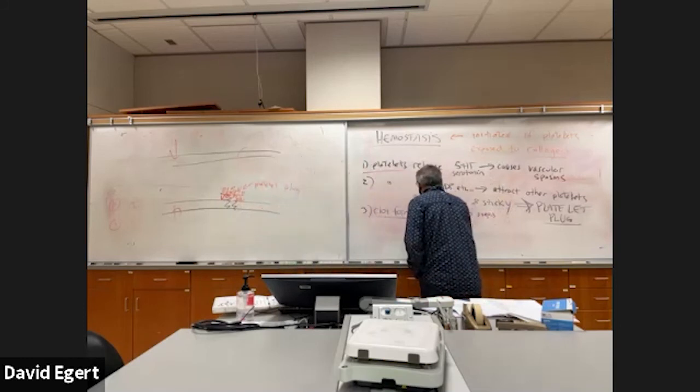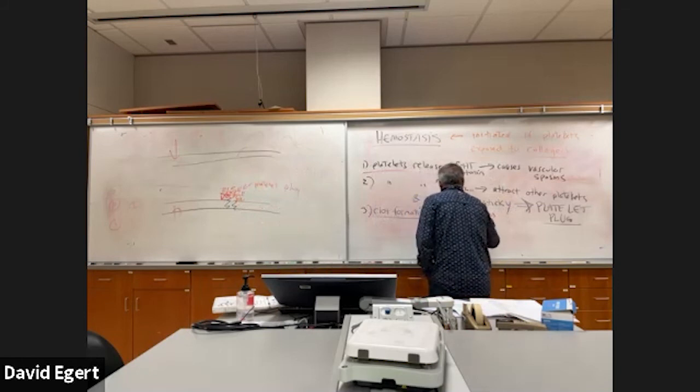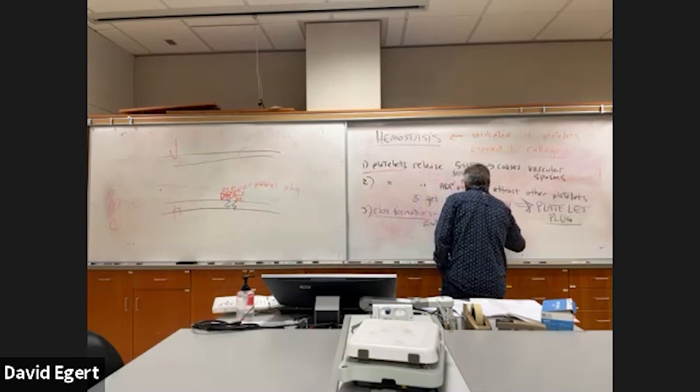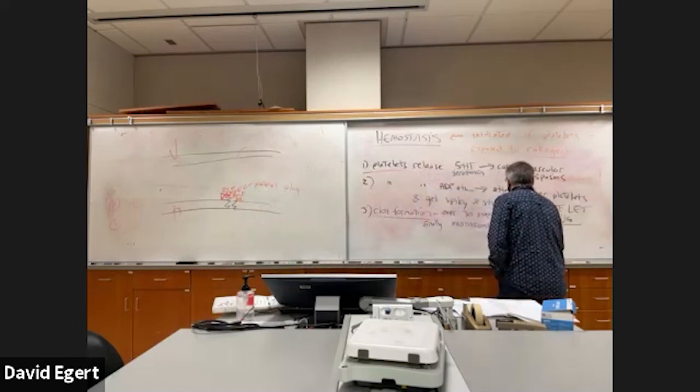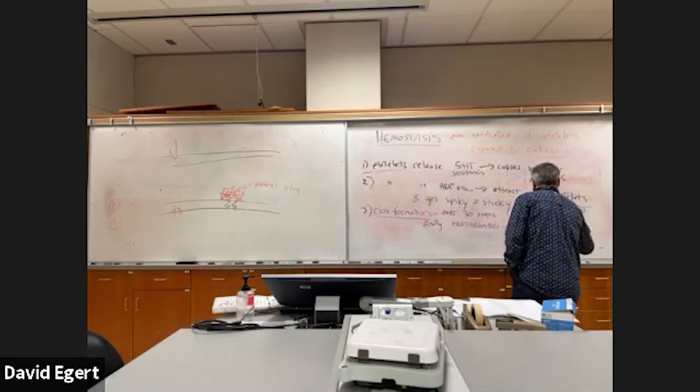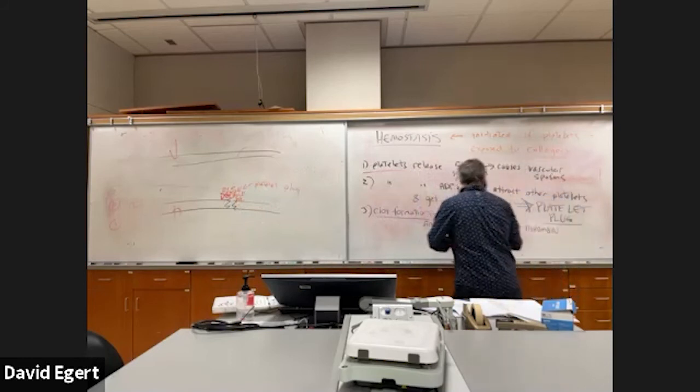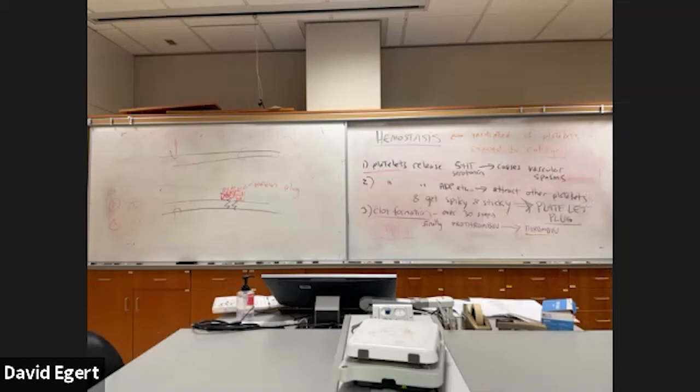So finally, the thrombin, and then thrombin is actually a catalyst that converts another plasma protein called fibrinogen, which is soluble, into fibrin, which is insoluble.